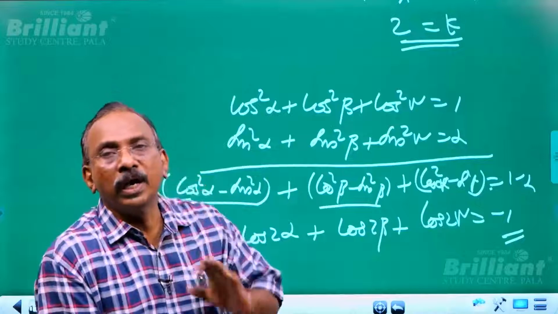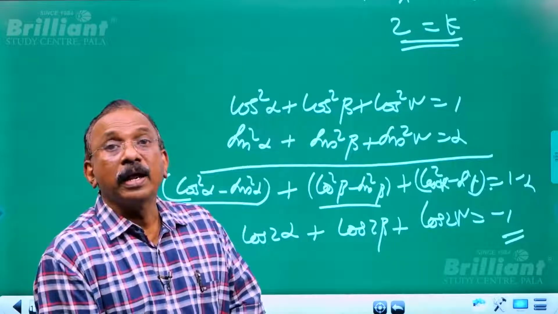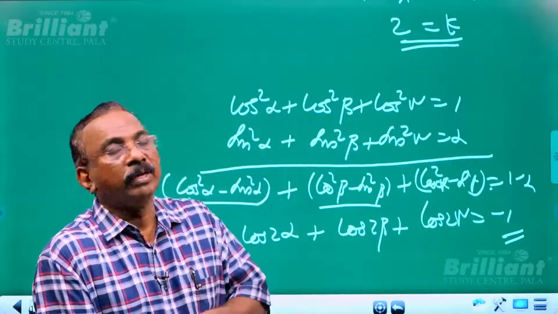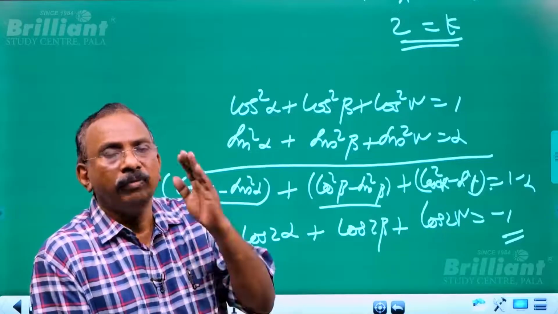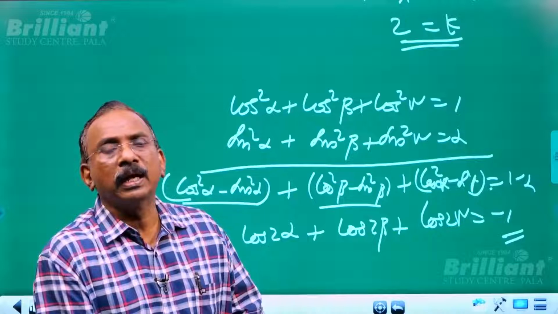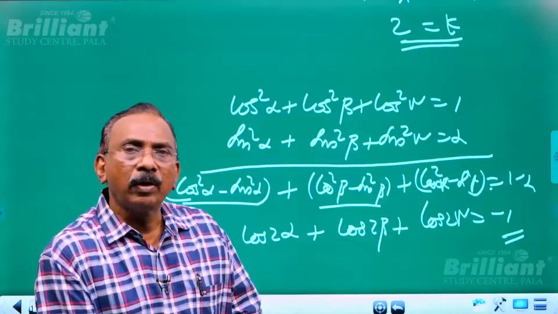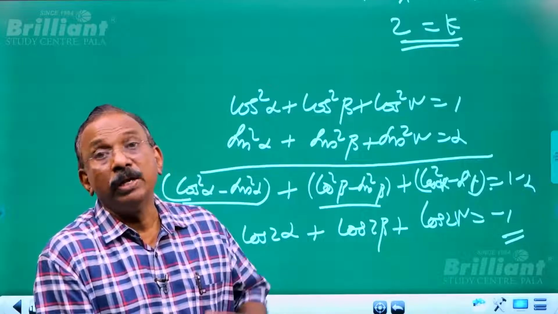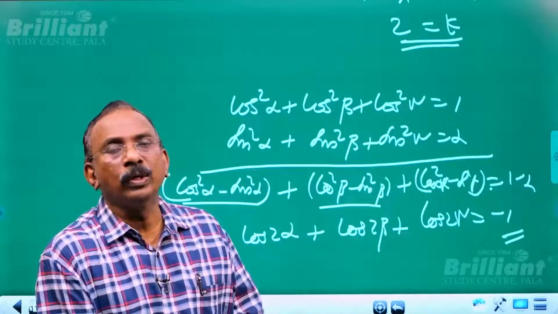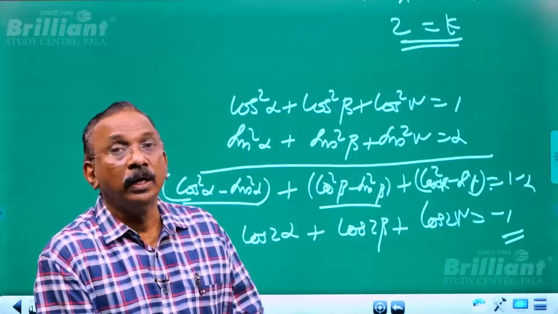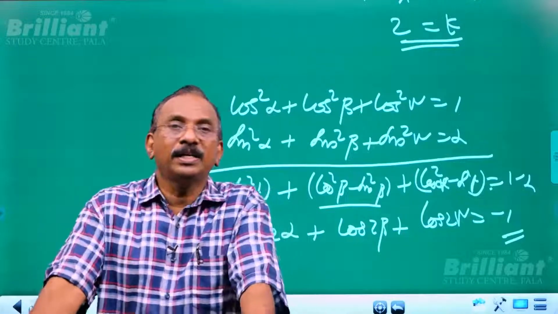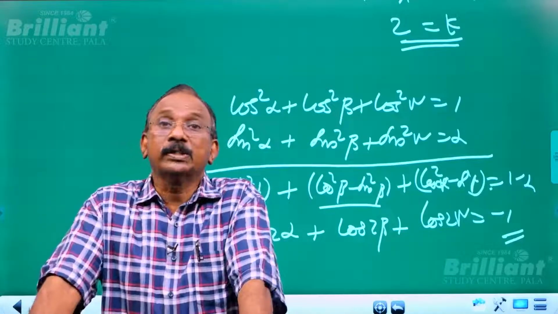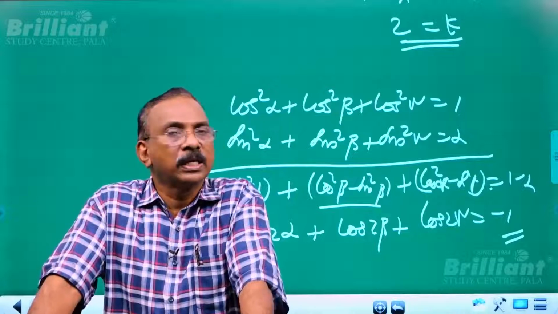If alpha, beta, gamma are direction angles of a vector, that means the line makes angles alpha, beta, gamma with the x-axis, y-axis and z-axis, then they are known as direction angles. If you correspondingly take cos alpha, cos beta, cos gamma, they are referred to as direction cosines. Then cos square alpha plus cos square beta plus cos square gamma equals 1.